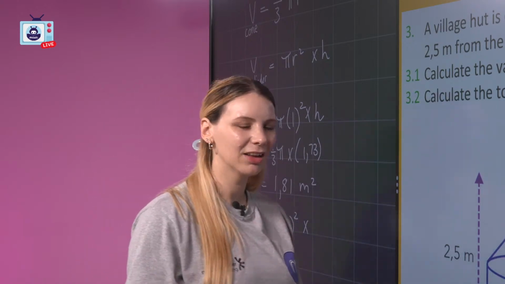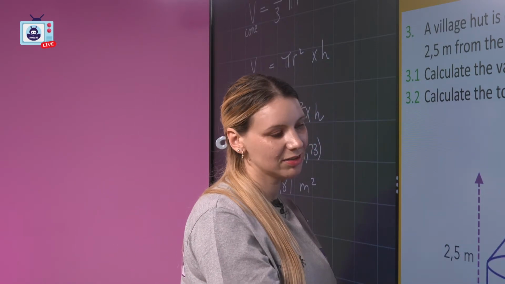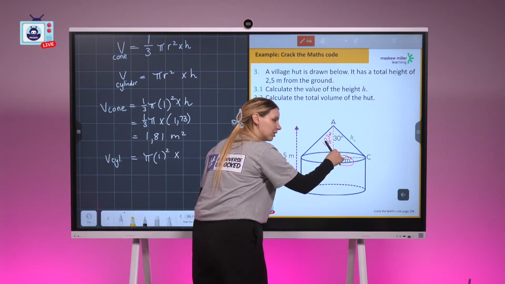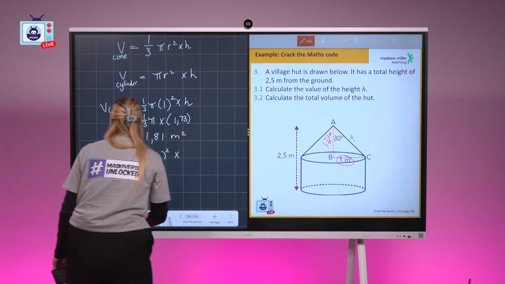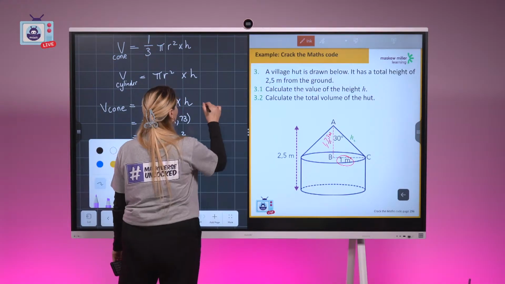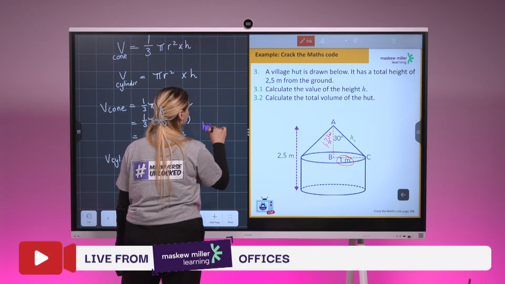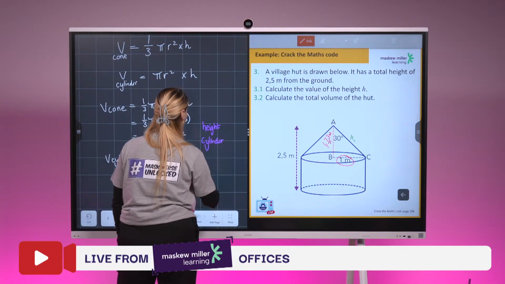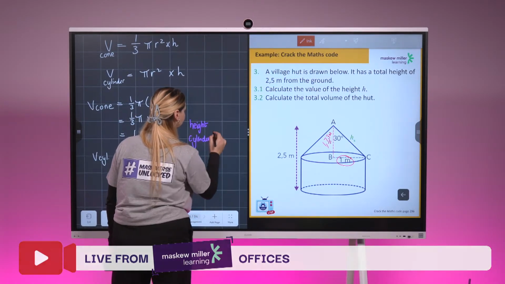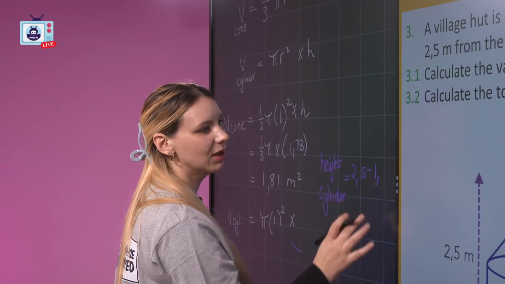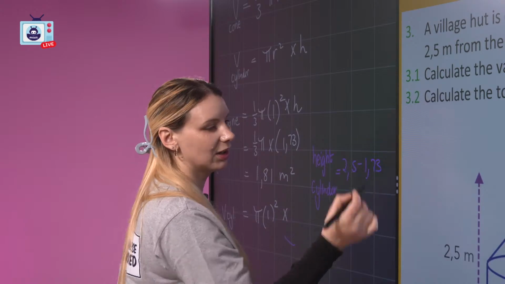Now, the height of the cylinder is actually 2,5 minus the height of the cone. So let's just quickly write on the side there, what is our height of our cylinder, because we don't have that yet. The height of our cylinder will equal 2,5 minus 1,73. Does that make sense?